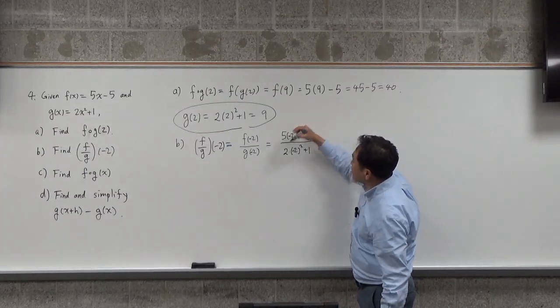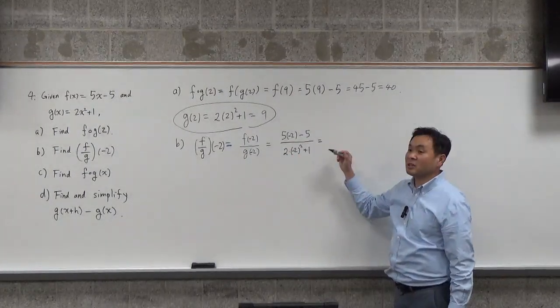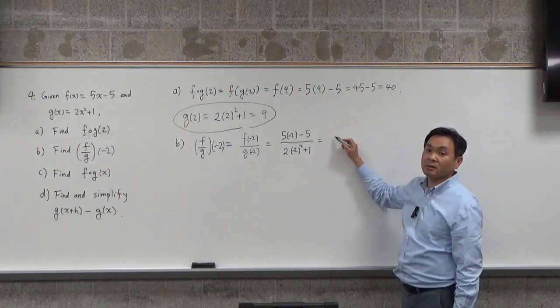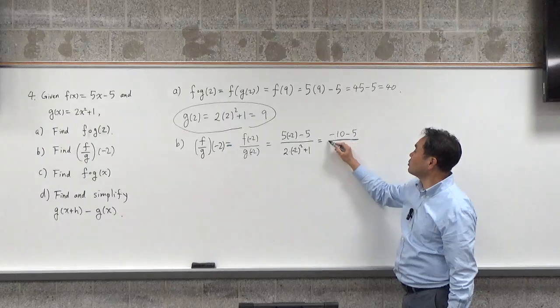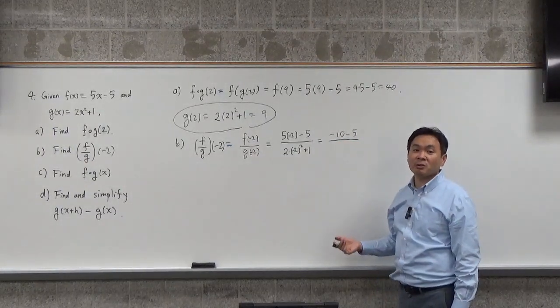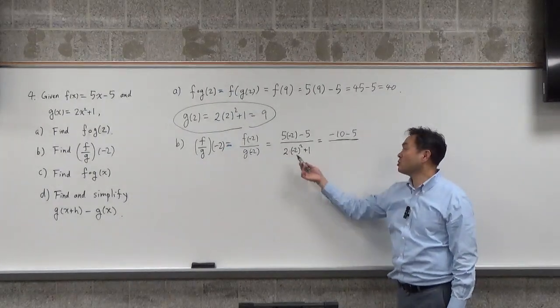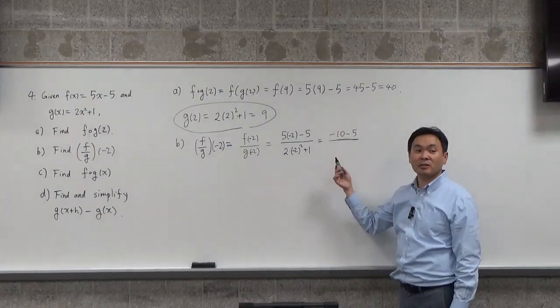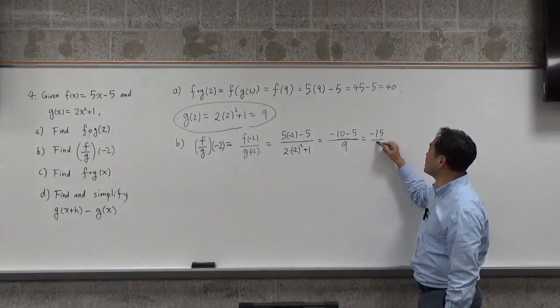So we're plugging in negative 2 to x. What's 5 times negative 2? Negative 10 minus 5. What's negative 2 squared? If you square a negative number, it becomes positive. So positive 4 times 2 plus 1, you get 9. And therefore, this is negative 15 over 9.